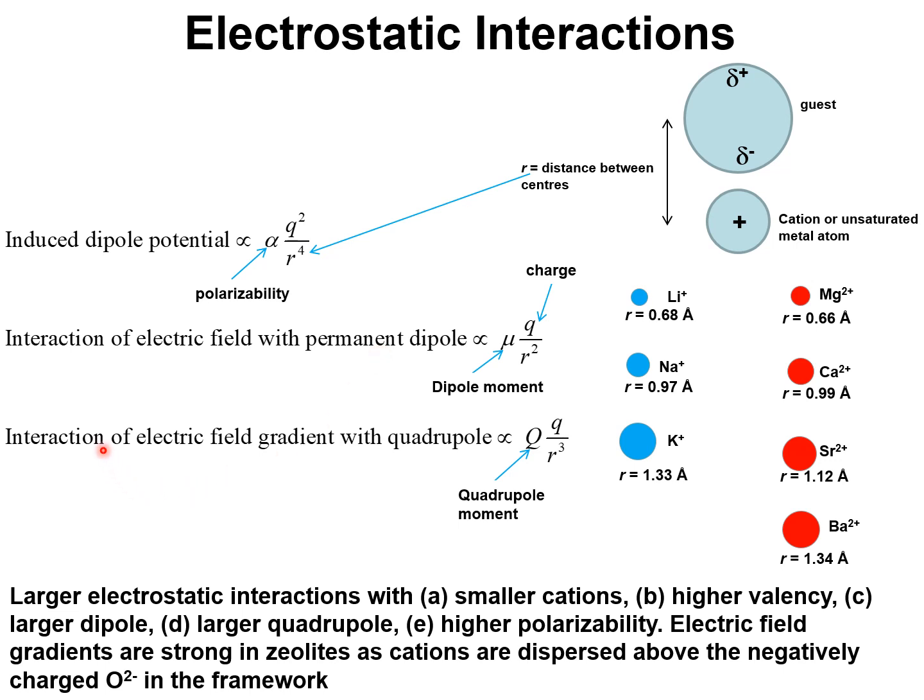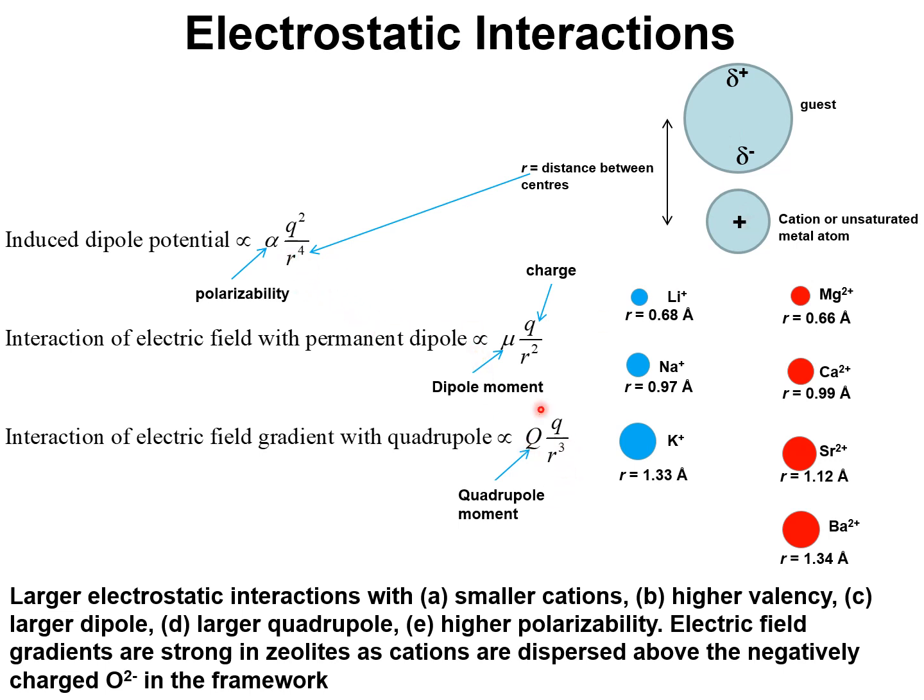And thirdly, we have the interaction of the electrical field gradient with the quadrupole moment of the gas molecule. Here Q represents the charges of the extra framework cation, and R is the distance from center to center between the guest and the cations.